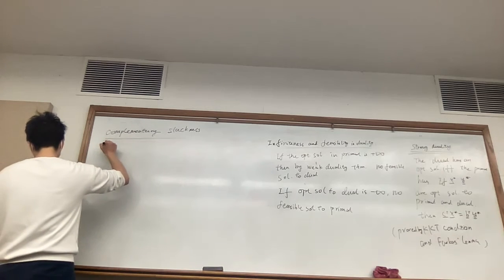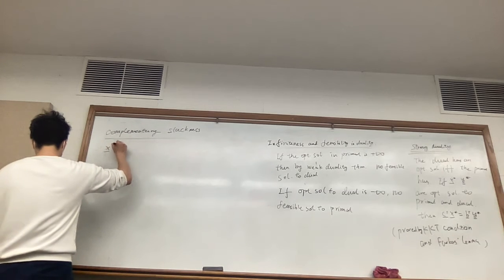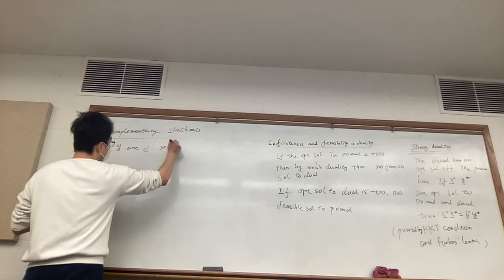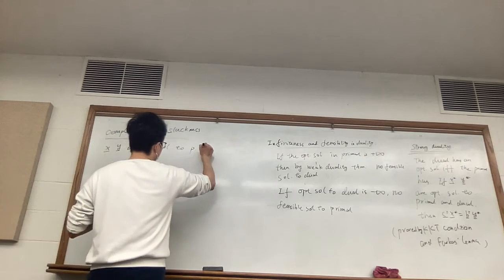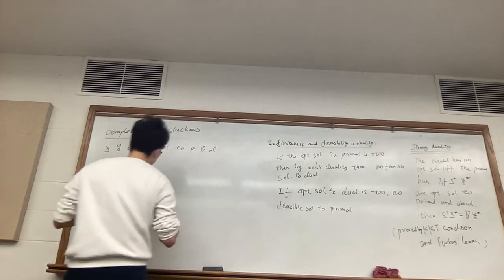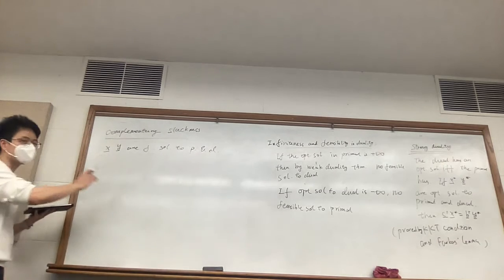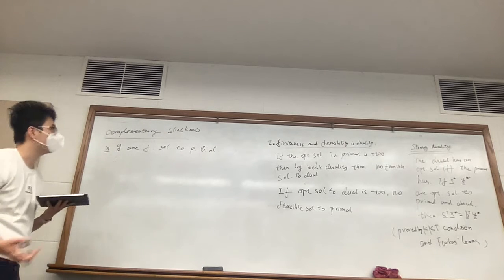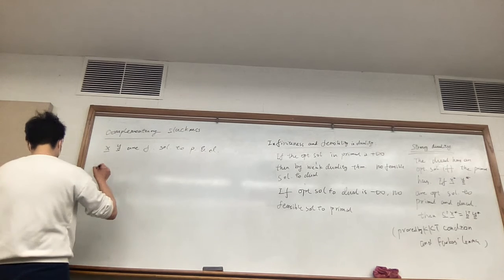Okay. So complementary slackness. That's just a review of what it is talking about. So x, y are feasible solutions to primal and dual. This sentence we repeat a lot in today's section: x and y are feasible solutions to primal and dual problems.